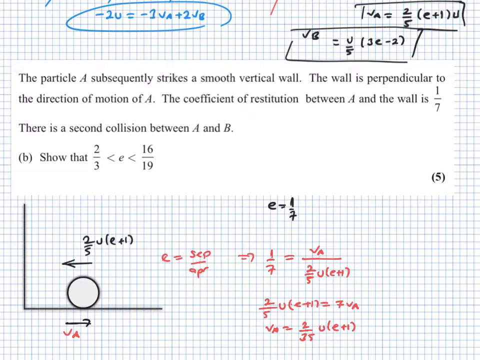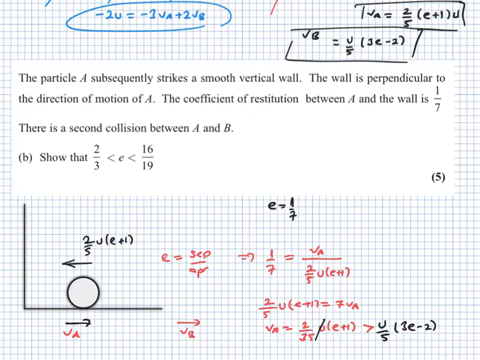To have the second collision between A and B, the speed of VA should be greater than VB, which gives me the idea this is greater than u over 5, (3e minus 2).